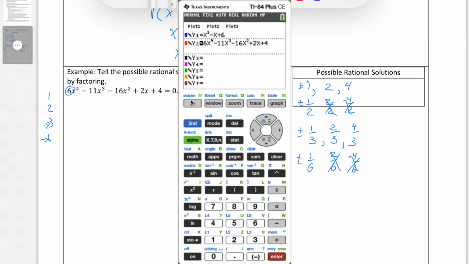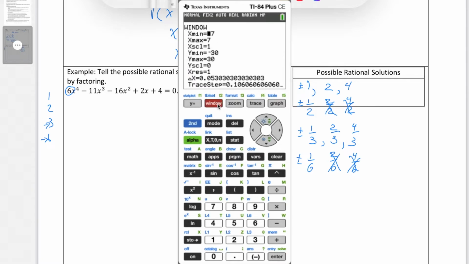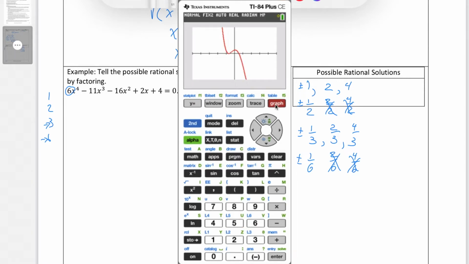Again, I noticed that the biggest possible numbers that I might have as solutions are positive and negative 4, so I'm going to set my x min and x max to positive or negative 5. I'll leave that negative 30, positive 30 there, and those ticks at 1 on my x scale are extremely important because they allow me to make estimates. So let's look at our graph and see what we see.